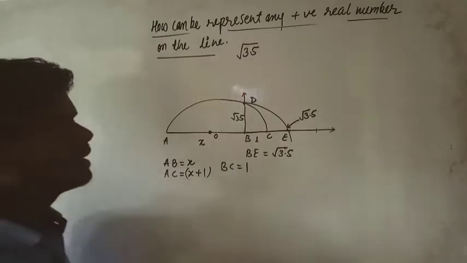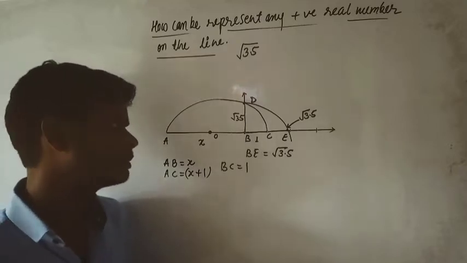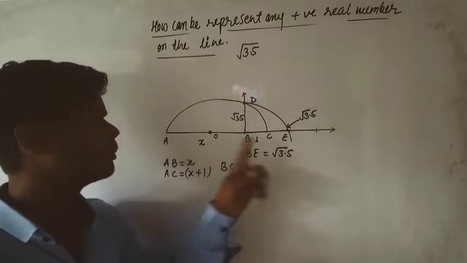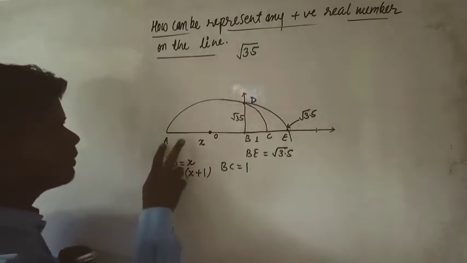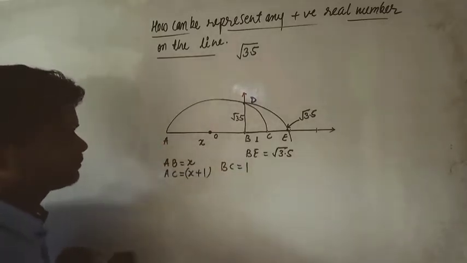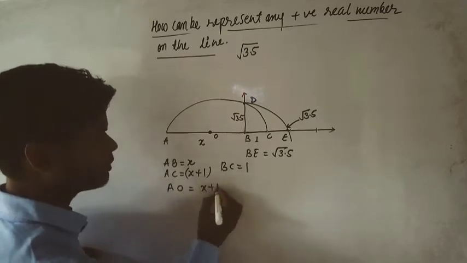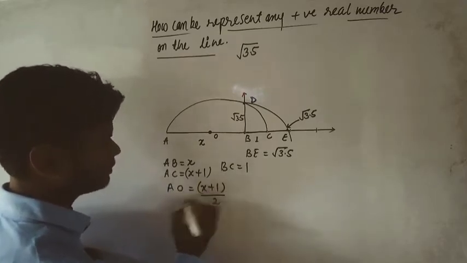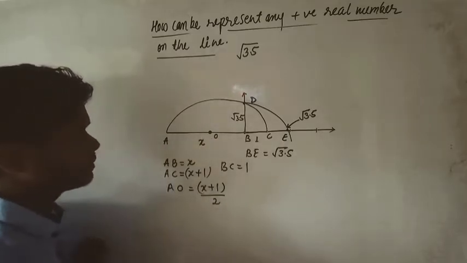The perpendicular bisector of AC cuts the line segment AC at a point O. The distance AO is equal to (x plus 1) by 2, because this represents half of AC.